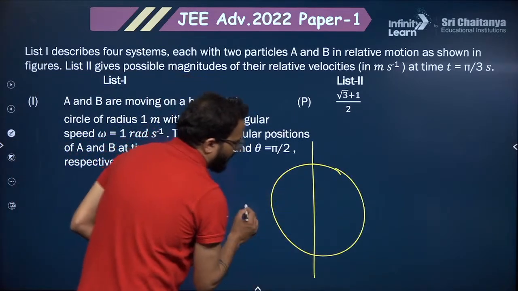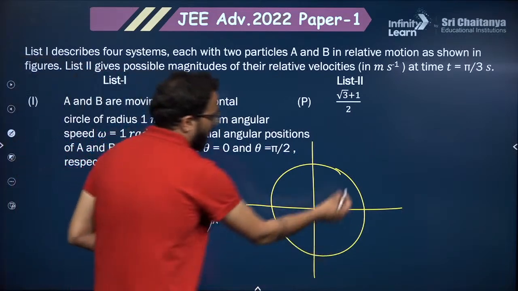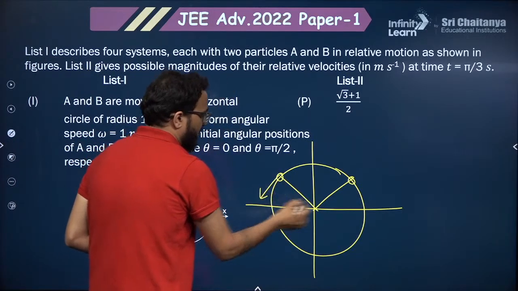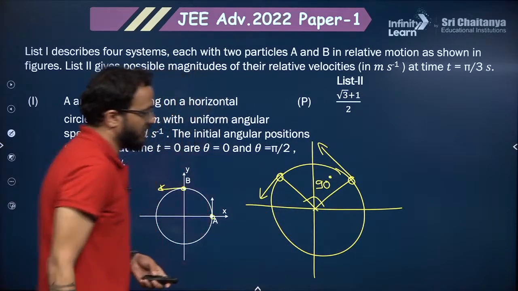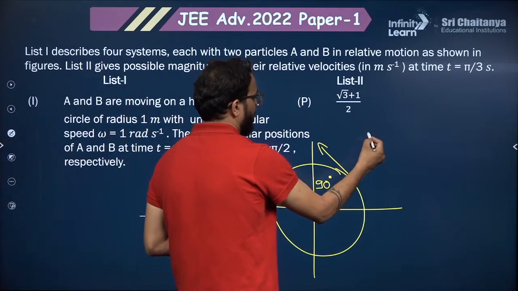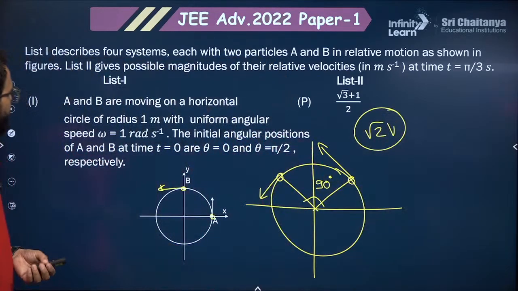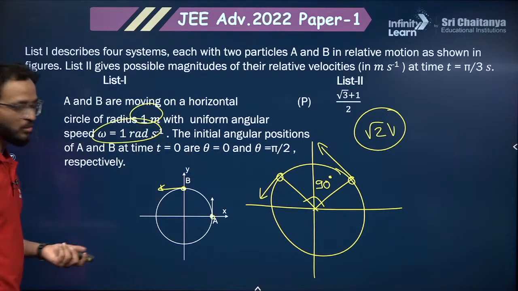Pi by 3 is 60 degrees. So one is here, another one is here. Still the angular speeds are the same, so the angle between them will be 90 degrees only. And if two vectors are at 90 degrees, the difference of the vectors will be root 2 v only, right? Radius is 1 meter, omega is 1, so v will be 1.